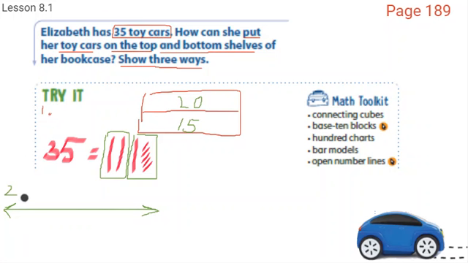If I want to put 12 cars on my top shelf, and I know I have a total of 35, what do I need to do to get to 35? I have 12, and if I want to make it a 20, going from 1 10 to 2 10s, I need to add 8 ones.